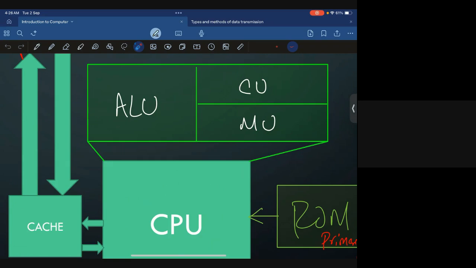So it has the ALU, which is responsible for the processing part, which means it's the arithmetic and logic unit. Then we have the CU. The CU is the control unit. It controls the entire operations of the computer. Then we have the MU, the memory unit.